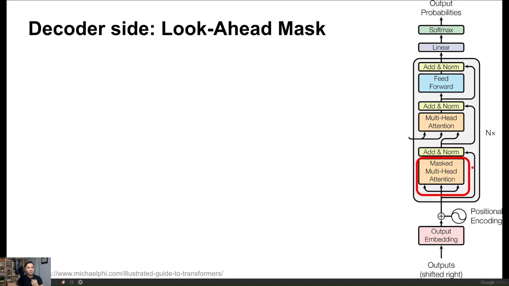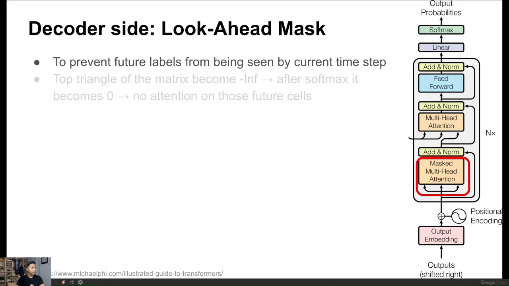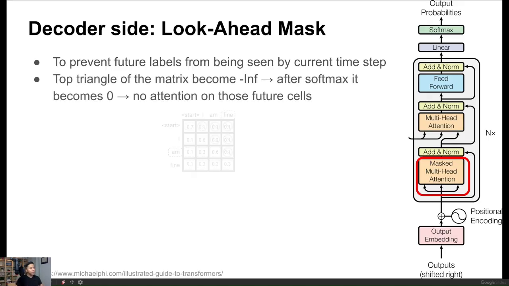Why does it need to be masked, right? The idea here is that for the decoder, when you look at input data, you cannot see the future, right? So you have to mask, during training, all of the sequence that comes from the future. Let me explain it a little bit better. Say the sentence is start, I am fine.